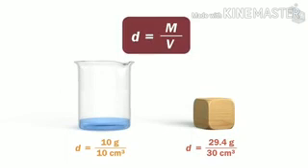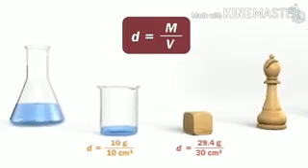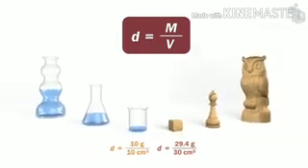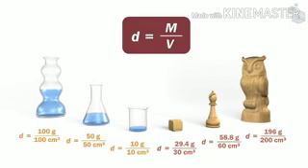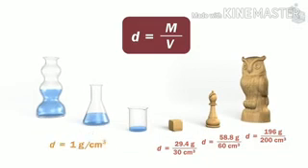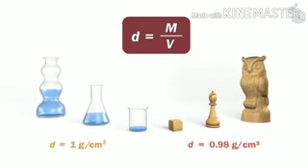It is a property of materials, since each material has its own specific density. Therefore, different objects made of the same material always have the same density, regardless of their mass and volume.